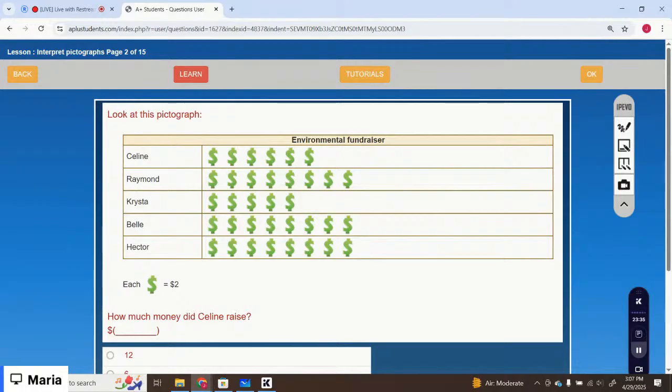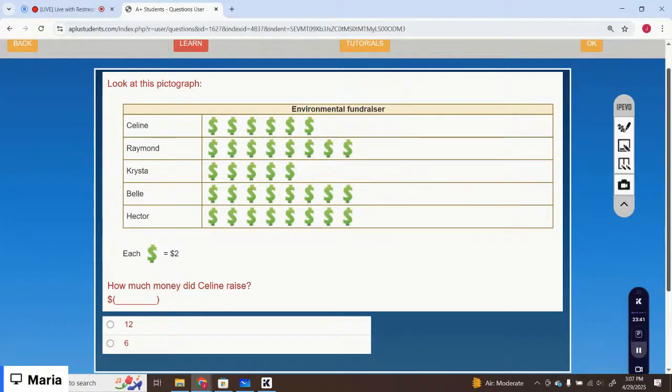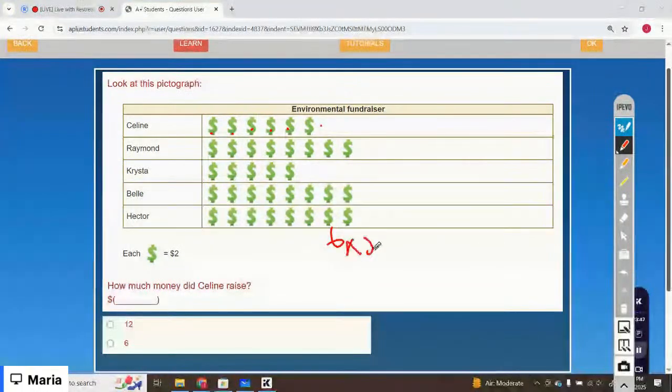Look at the pictograph. How much money did Salina raise? So each symbol is equal to, so how many? One, two, three, four, five, six. Each one costs $2. Six times two is 12.